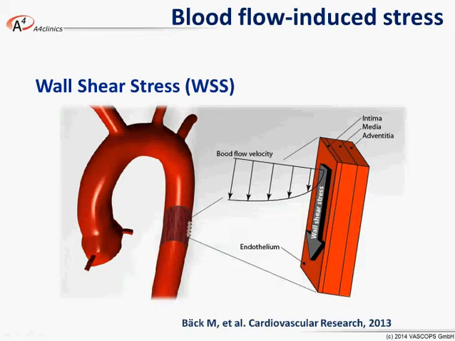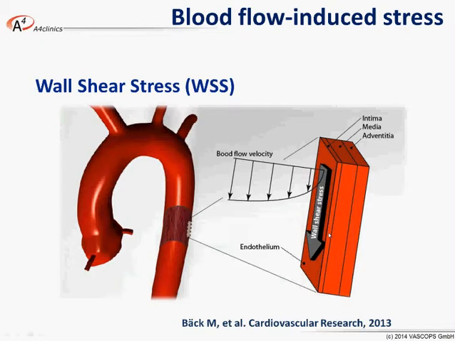It's very well known that the endothelial cells respond with different biological cascades with respect to this wall shear stress. So there is very well understood vascular physiology and pathologies related to this wall shear stress measure.